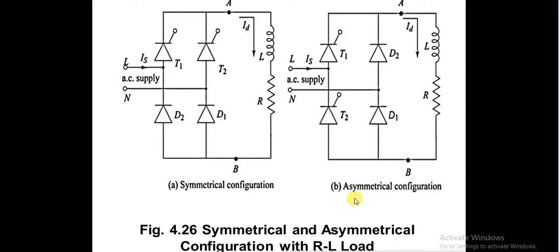In the asymmetrical configuration, one of the SCR T1 and the second diode D2 have common anode, and SCR T2 and diode D1 have common anode.